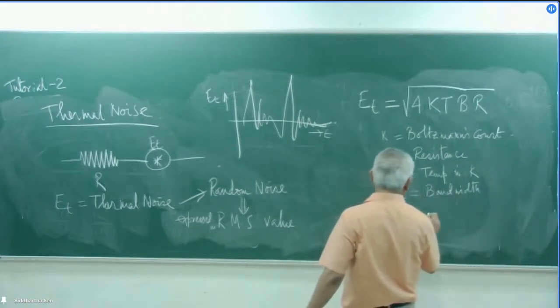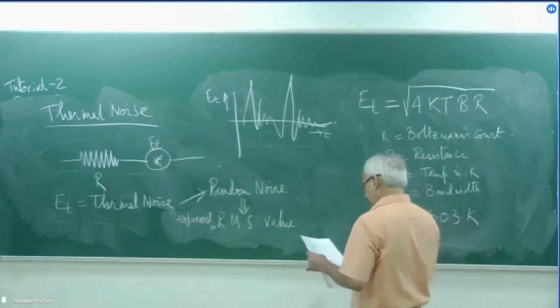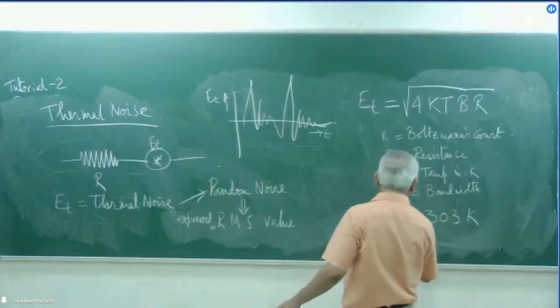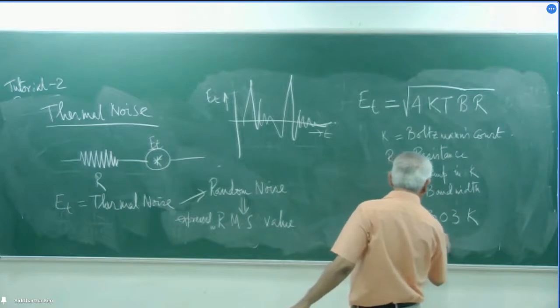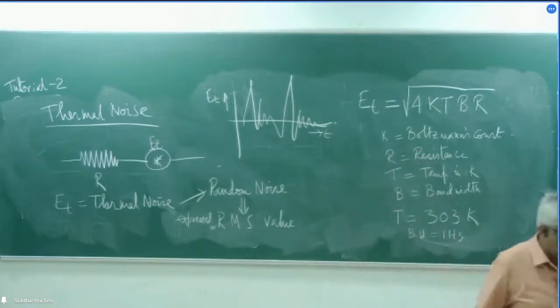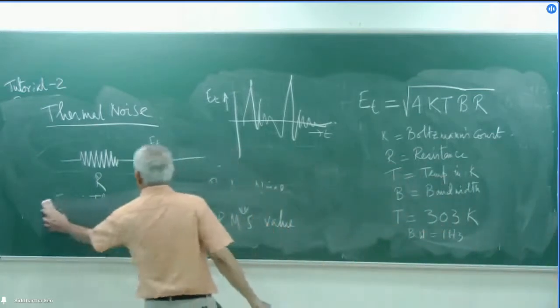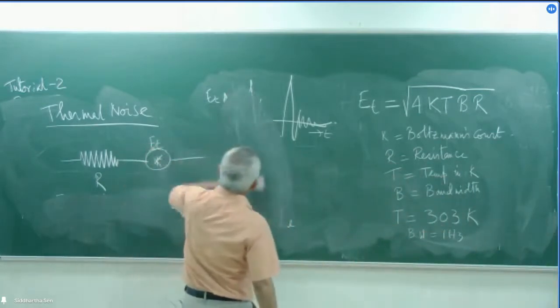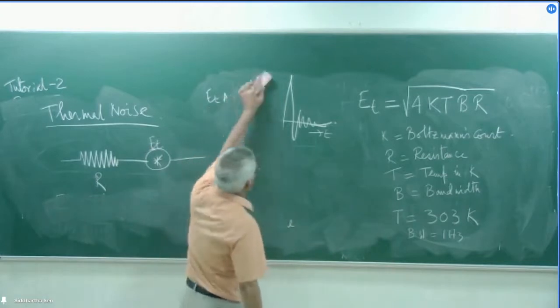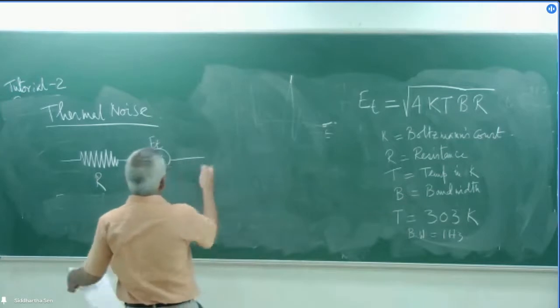So basically T is equal to 303 Kelvin, and the bandwidth is 1 hertz. Suppose we connect in series another similar resistance, which is also R.